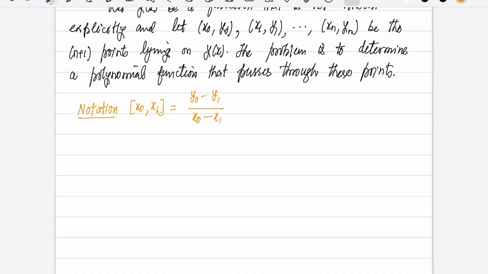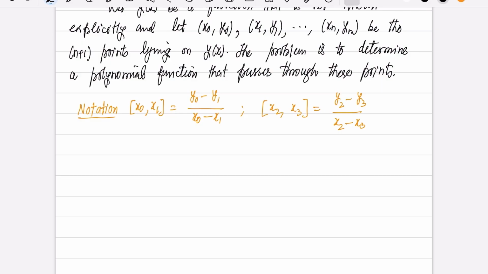This divided difference has the notation in brackets, x0, x1. Similarly, as another example, let's take x2, x3. According to this notation, this will be defined as y2 minus y3 divided by x2 minus x3. So this is how we denote these divided differences.